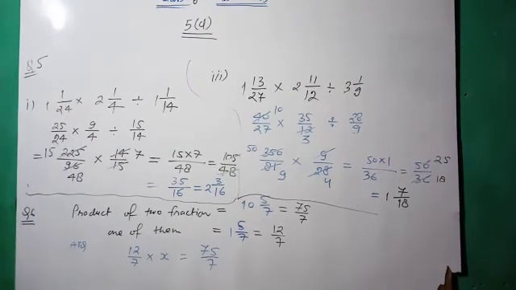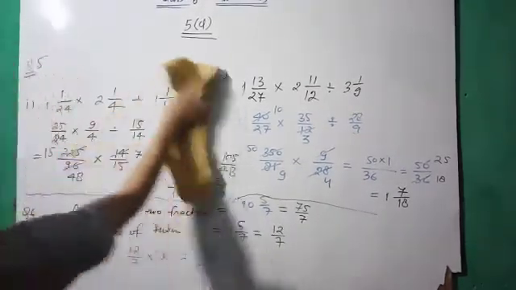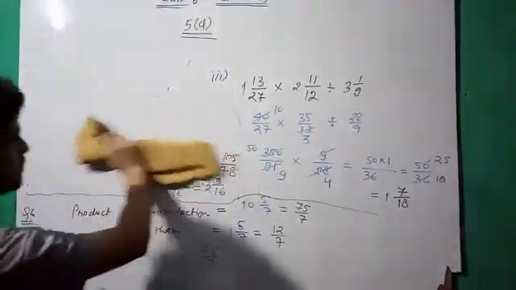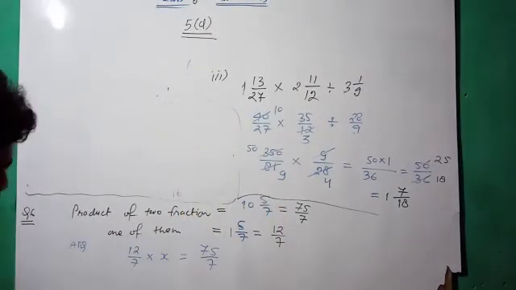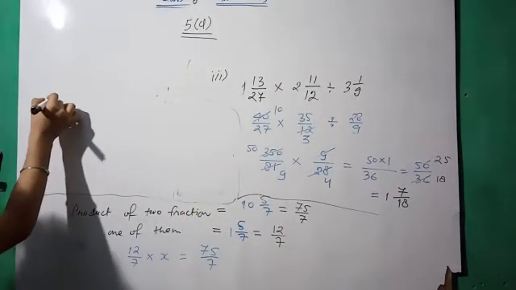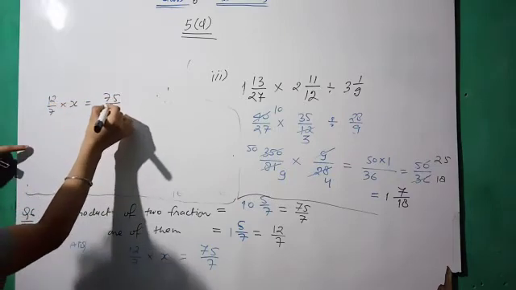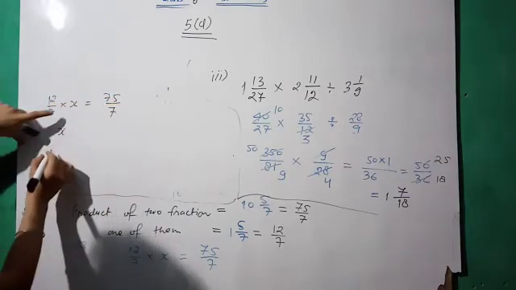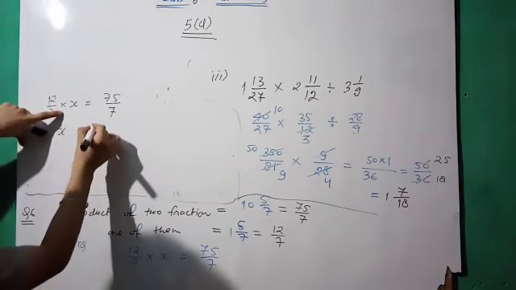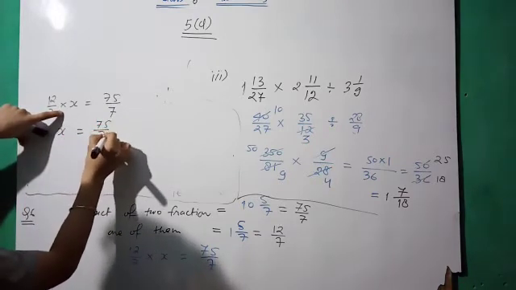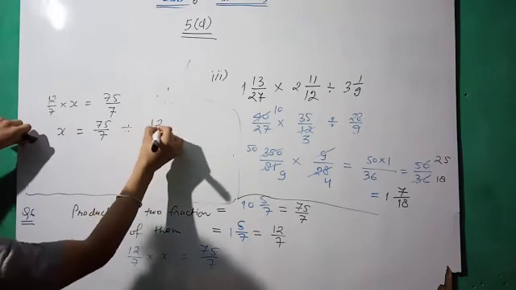For finding the value of x, 12 upon 7 into x equal to 75 upon 7. Since x is in multiplication, we have to divide 75 by 12 by 7.